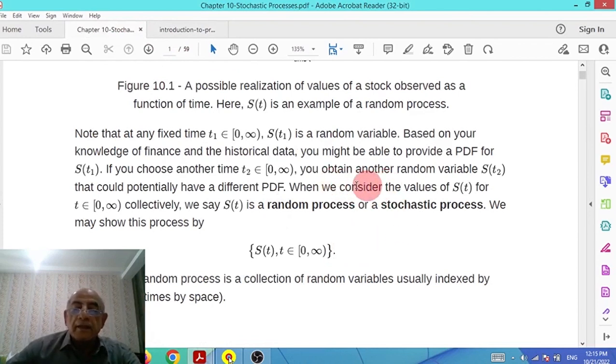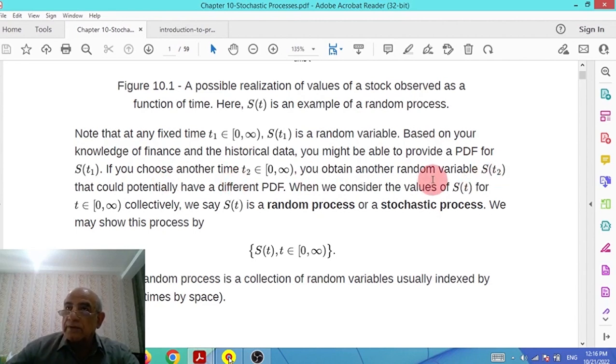So at each time, S(t) is a random variable. For example, at time t2, S(t2) is another random variable. S(t1) has a probability density function, and S(t2) has a probability density function.